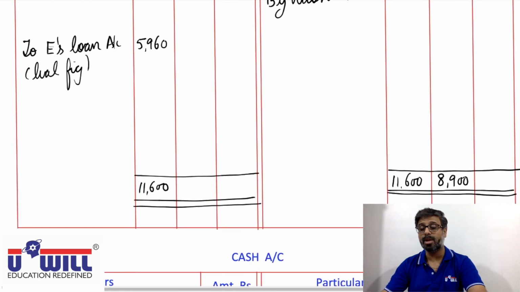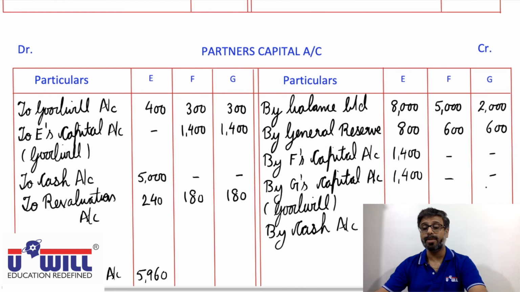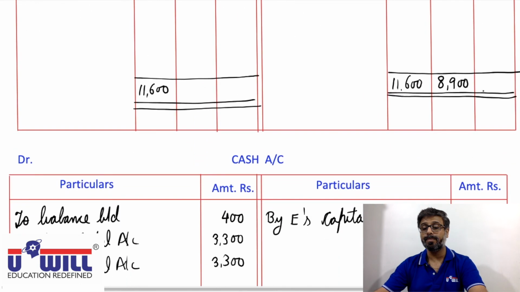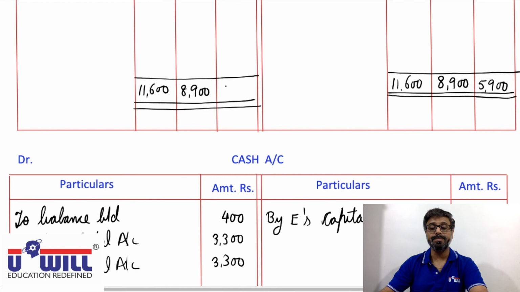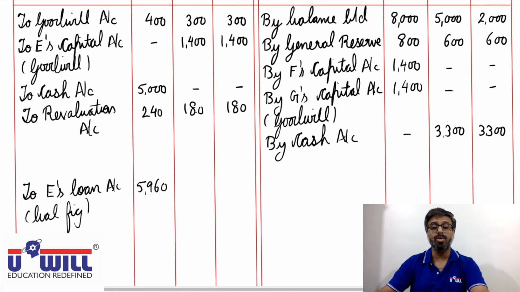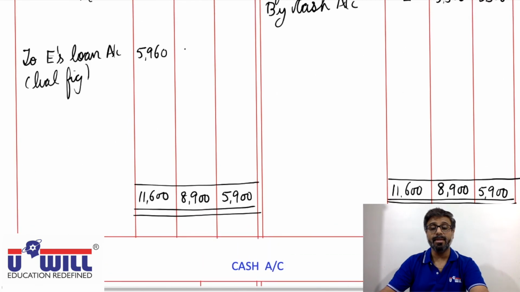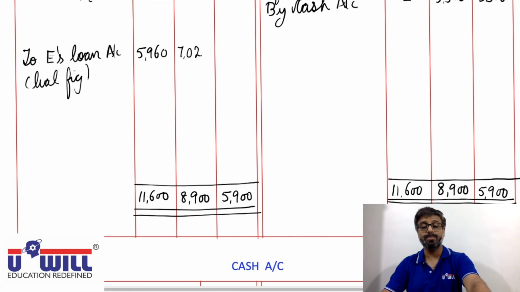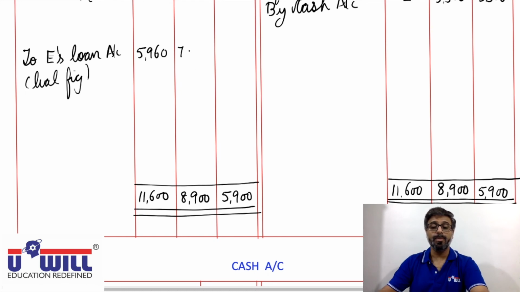G's credit side total 5,900. 8,900 minus 1,880, so if we subtract, then 7,020. Okay, remaining balance 7,020.